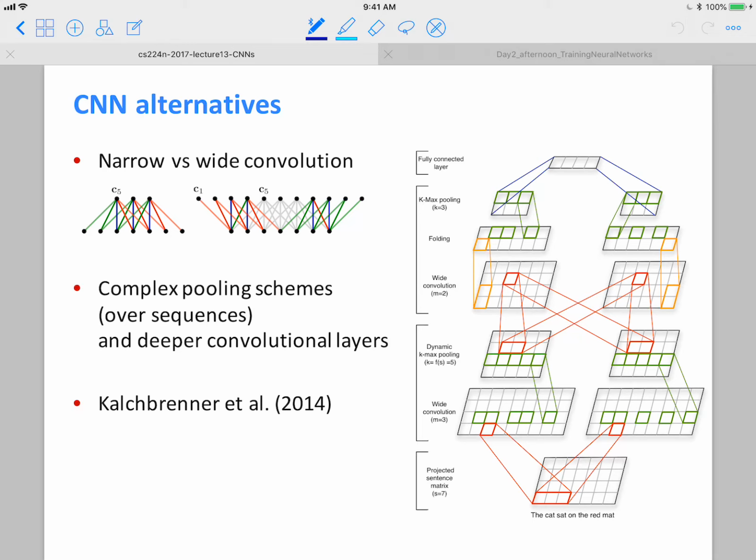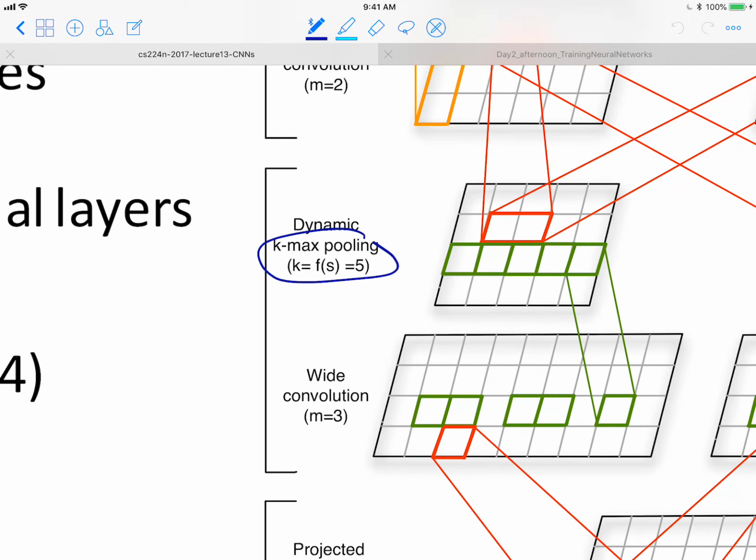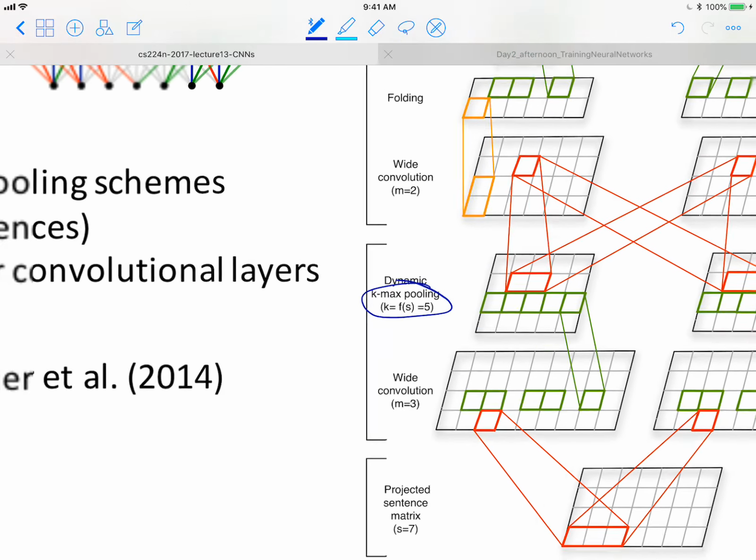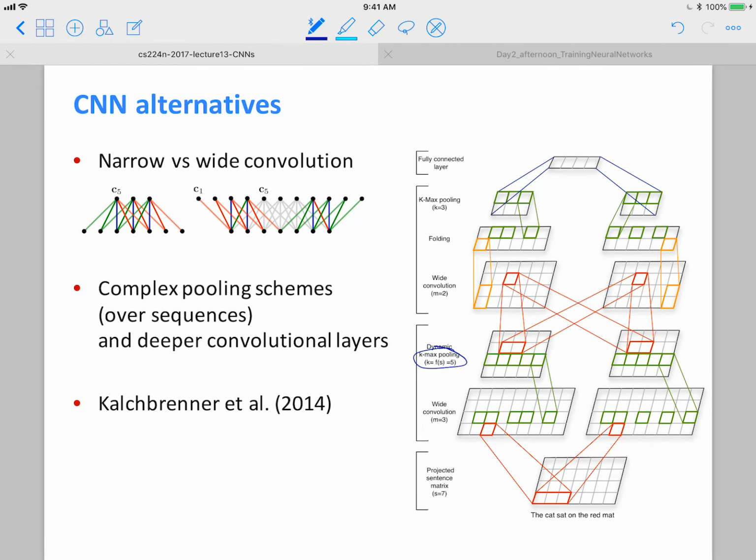And also, what is K-max pooling? There is no way to understand them by looking at this slide. But I need to teach this class, so I had to look at the paper in the last minute just before our class, and then I figured out what these mean.